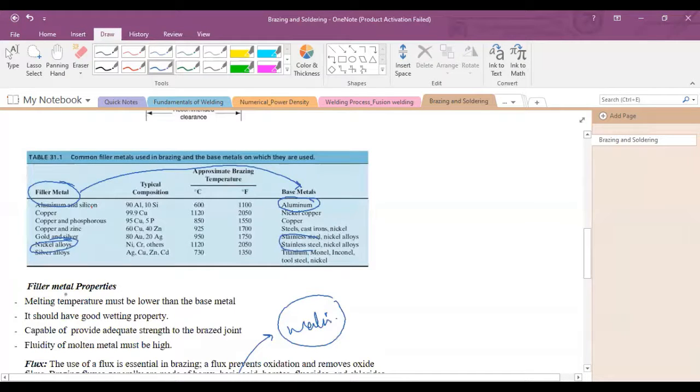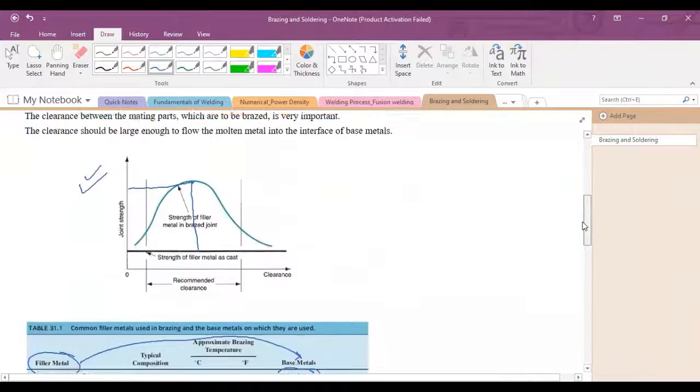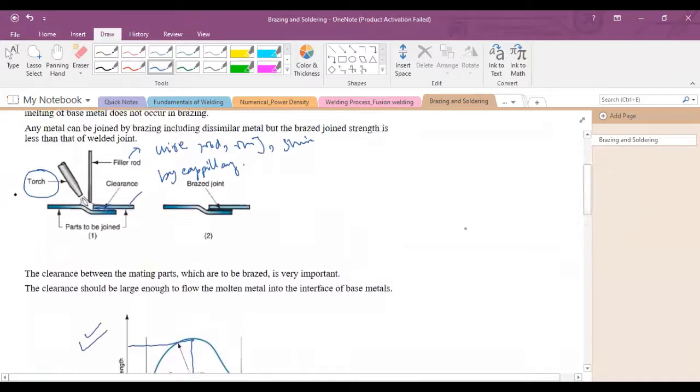Filler metal properties. Filler metal should have a low melting point, lower than the base metal. It should have good wetting property. I've already explained what wetting is: if this filler material becomes molten fluid and flows inside this clearance, it will adhere to the faying surfaces or solidify into the faying surfaces.